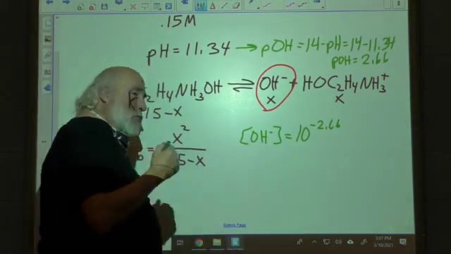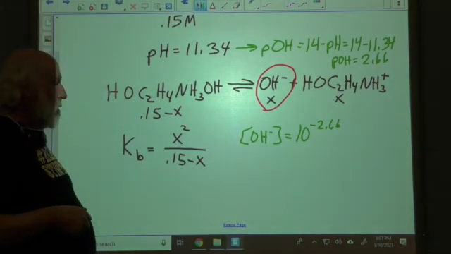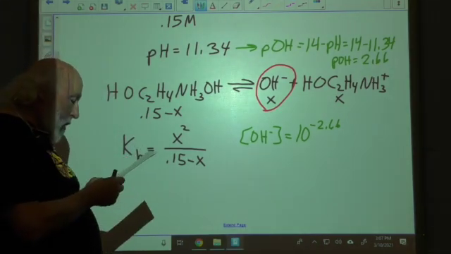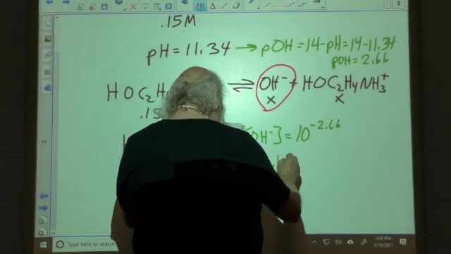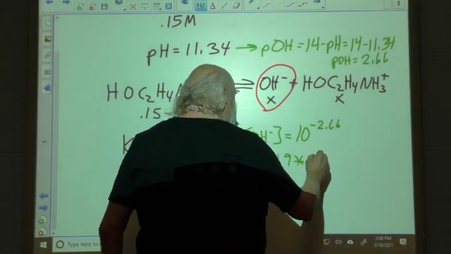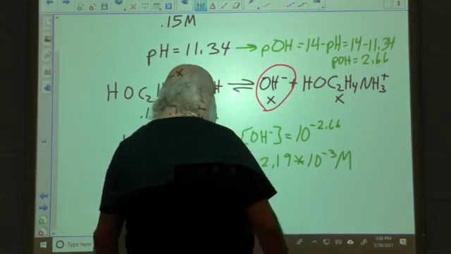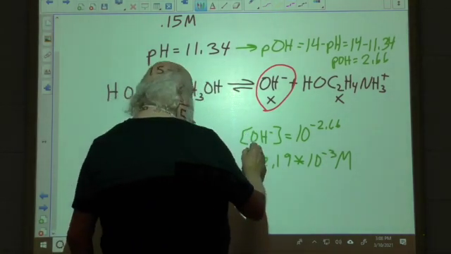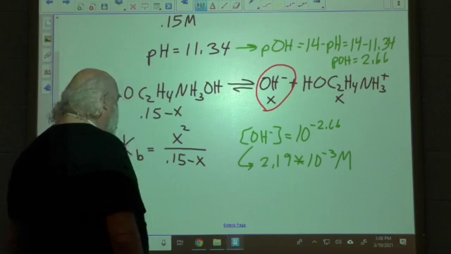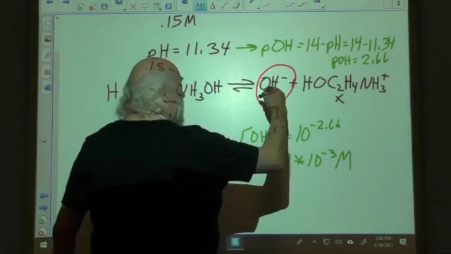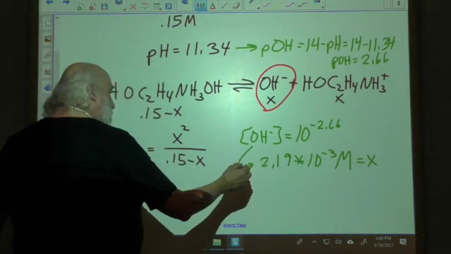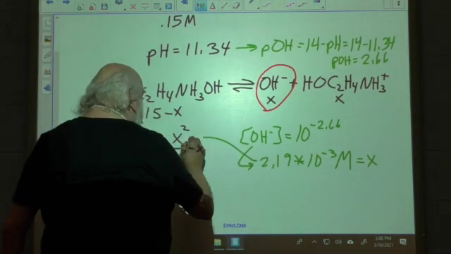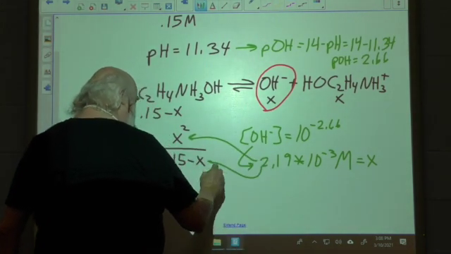It's the negative exponent of 10. So we punch that into our calculators, and we get 2.19 times 10 to the negative 3 moles per liter as our hydroxide concentration. And that is our X. It's the same for this right here, same value.